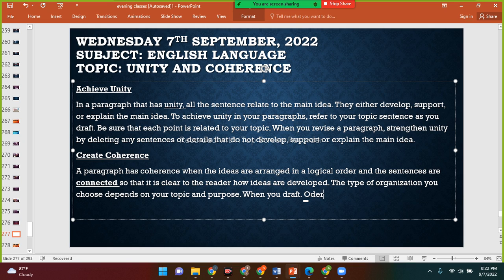It's very important. When you draft, order the sentences in a paragraph so that one leads logically into the next sentence.